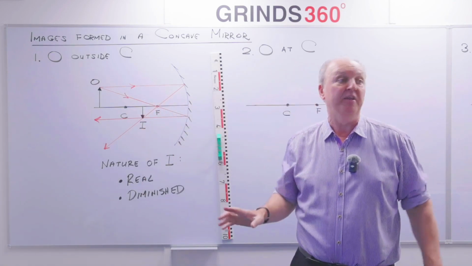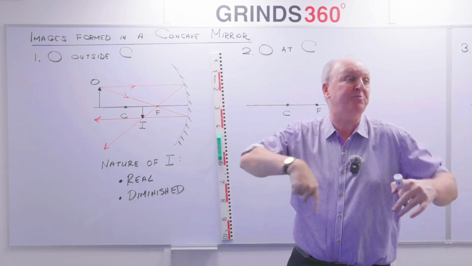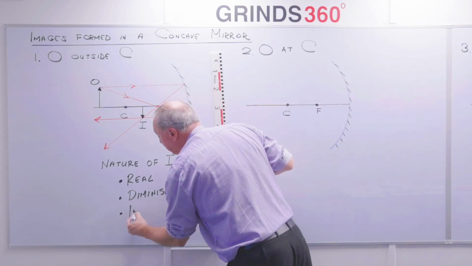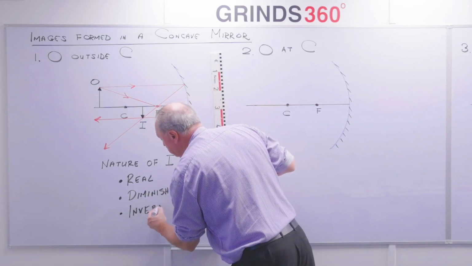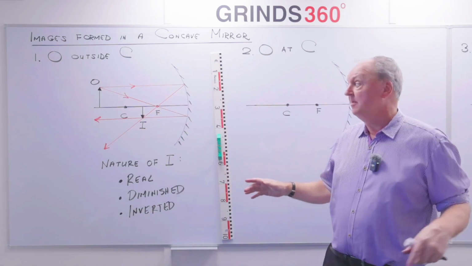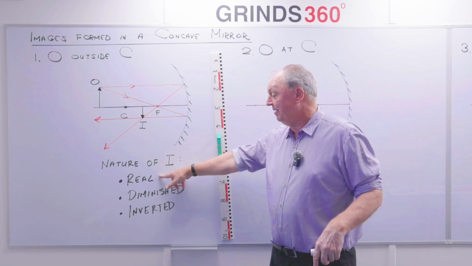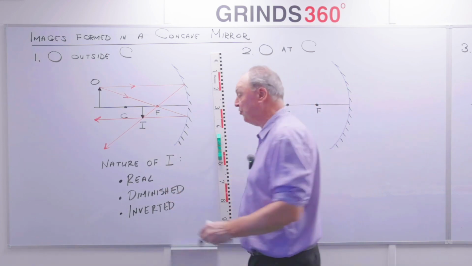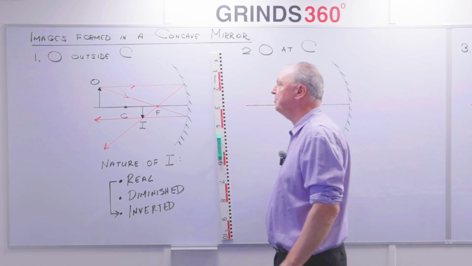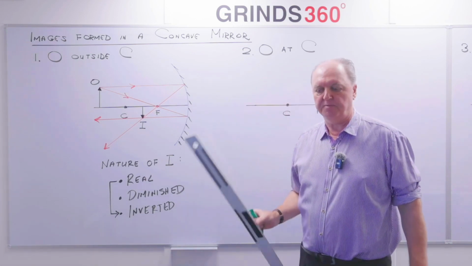It's inverted, not laterally inverted, actually upside down. So the final part of its nature is inverted. Actually, you will find that all real images will be inverted. So if it's real, then it's also inverted. That's your first one done.